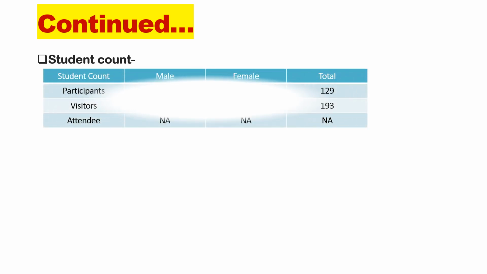Student count. As I already explained, you need to mention the count of students and staff for your activity. Here I have made one table which clearly shows the student count as participant, visitor or attendee.